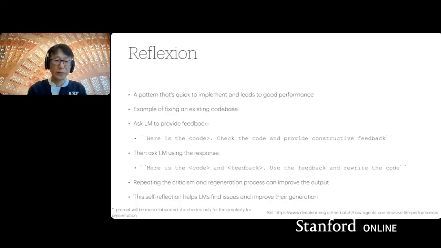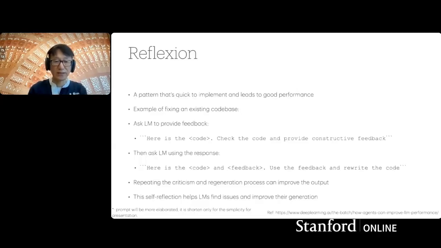Let's use a concrete example here. If you want to refactor programming code, instead of asking the model to improve it right away, you can use this pattern. As in this example, you ask the model, here's the code, check the code and provide constructive feedback. And then you take the feedback to the second prompt.